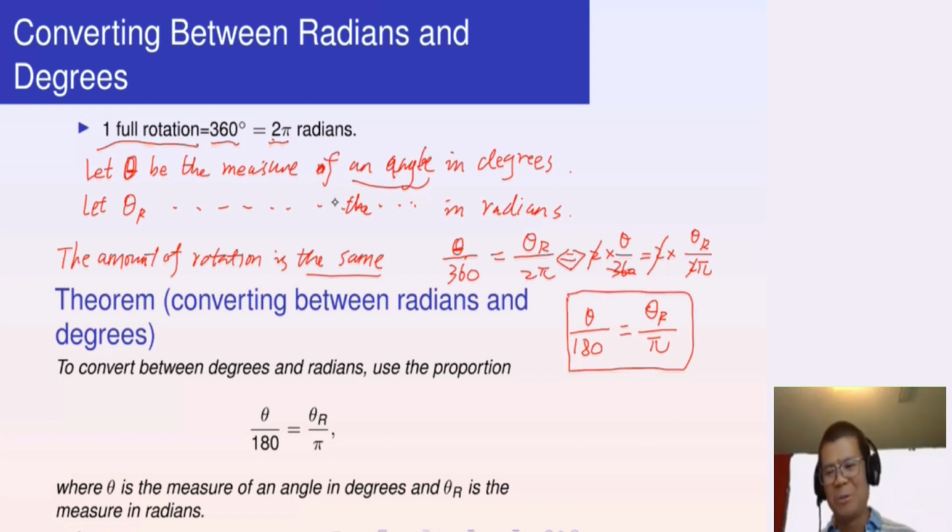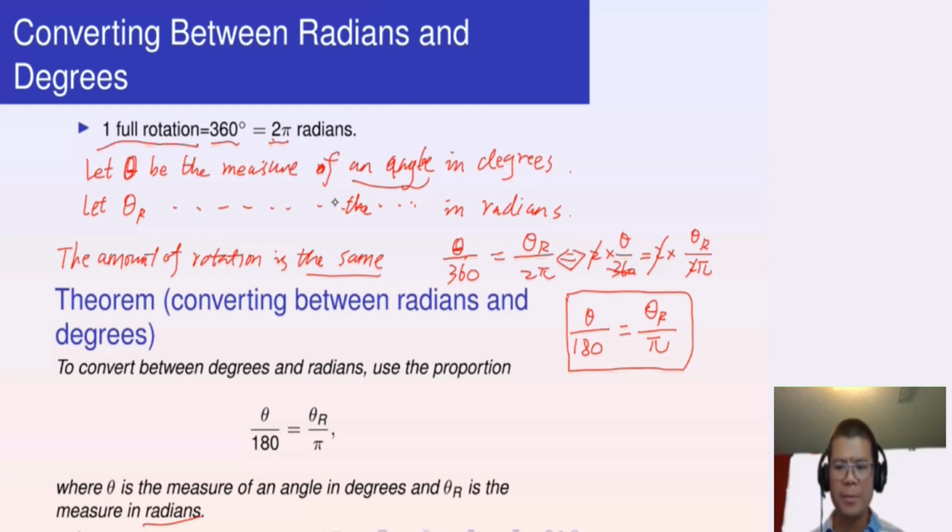Now we have come up with this theorem. This theorem gives us this equation to convert between radians and degrees. To convert between degrees and radians, we use this proportion, where theta is the measure of an angle in degrees and theta r is the measure in radians.